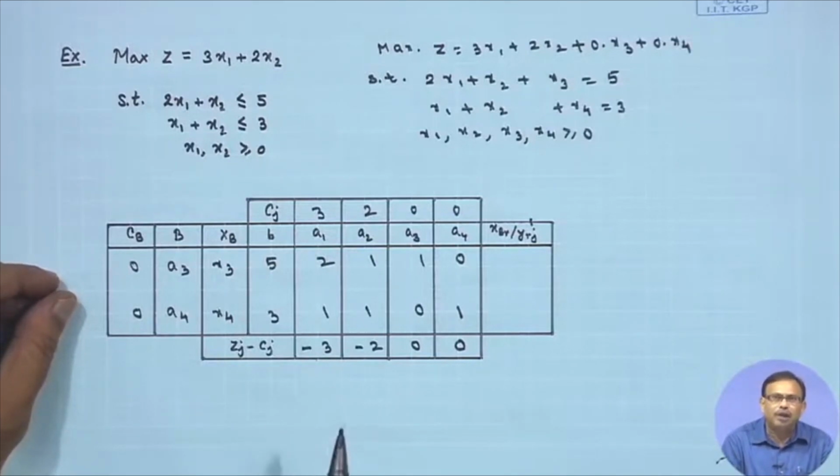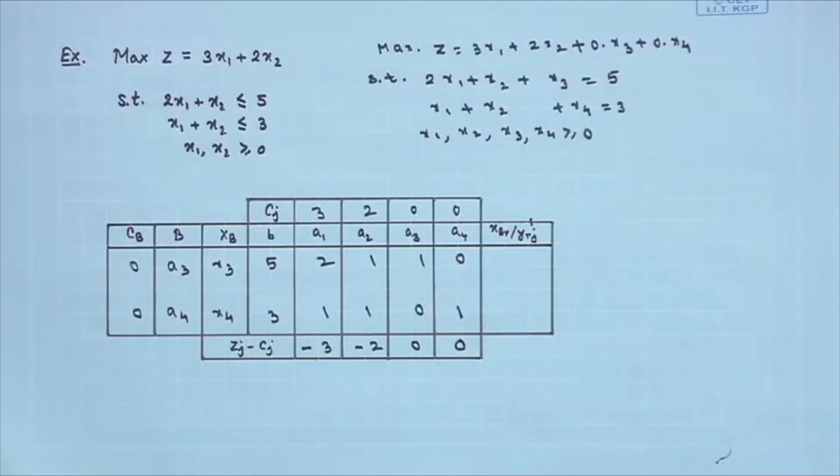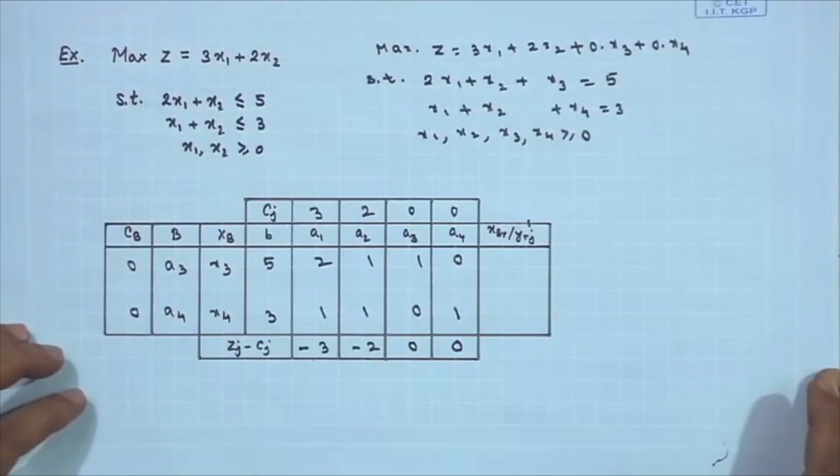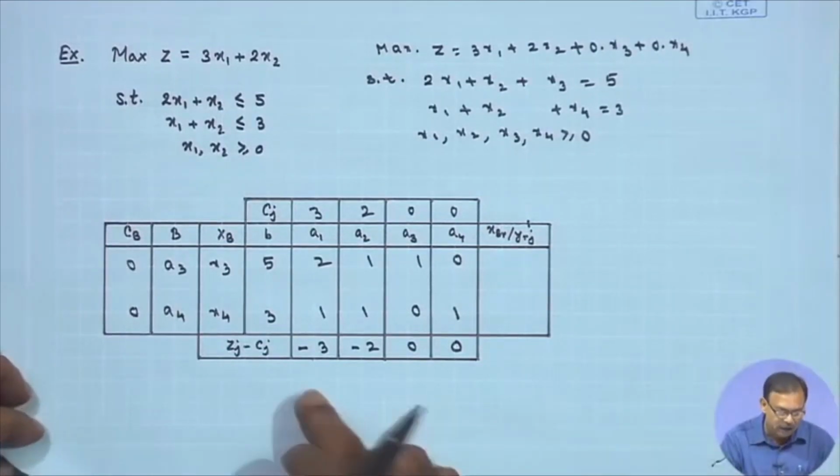Because the basic idea of the dual simplex method is that at each iteration z j minus c j must be greater than equals 0 and your feasibility condition may not be satisfied, that is for some problem your x b may be less than 0. But in this case it is the opposite, that is z j minus c j is less than 0.